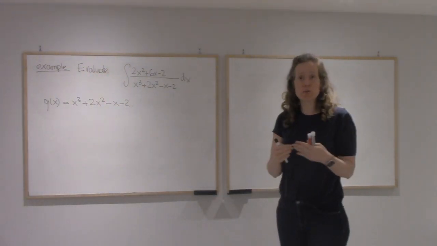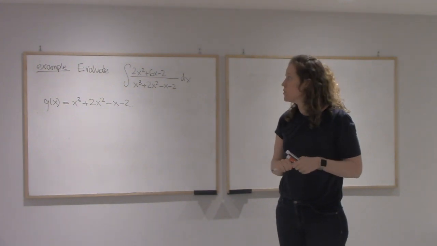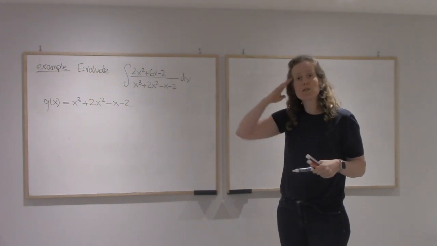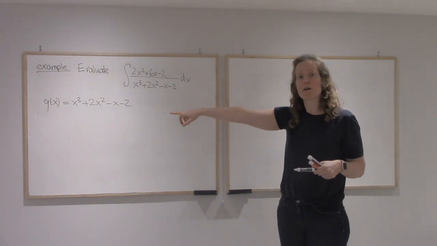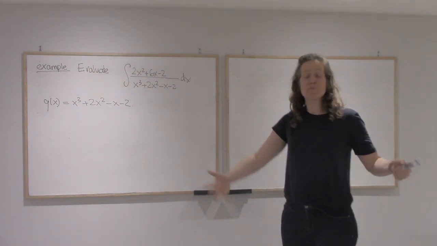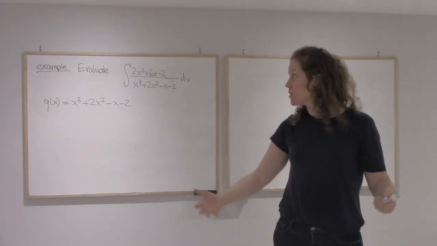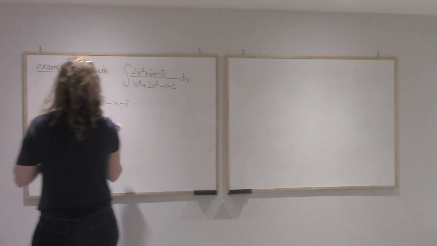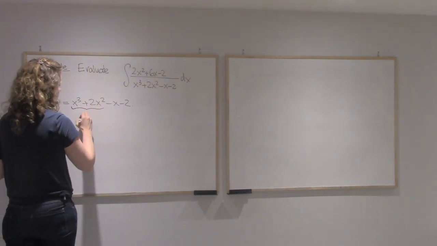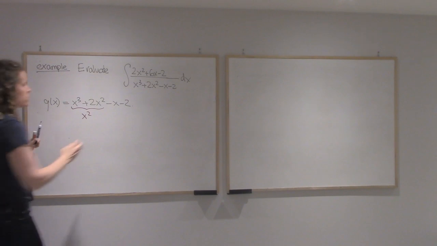I cannot do sum of cubes, I can't do difference of cubes. So which method will help me factor this cubic? Yeah, pretty much our last technique that we can use is factor by grouping. So out of these two, I'm going to factor whatever's common, so x squared.